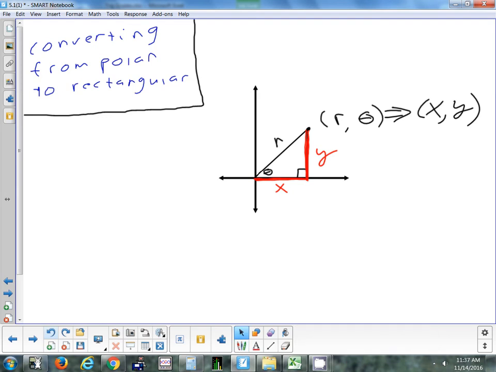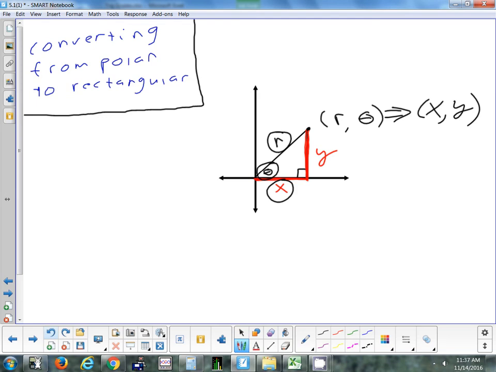All right, let's start by figuring out x. Okay, so I'm going to circle some things like I've done before. I'm going to know r, I'm going to know theta, and I want to find x. What trig function could I use to find x? My choices are sine, cosine, or tangent.